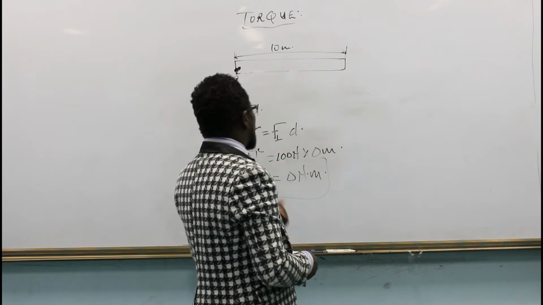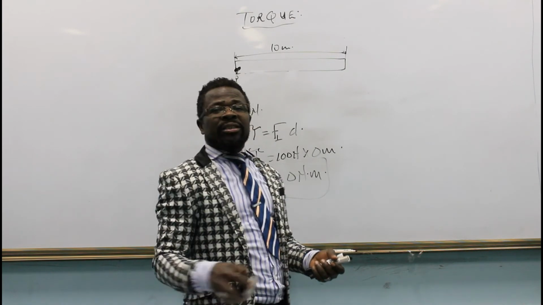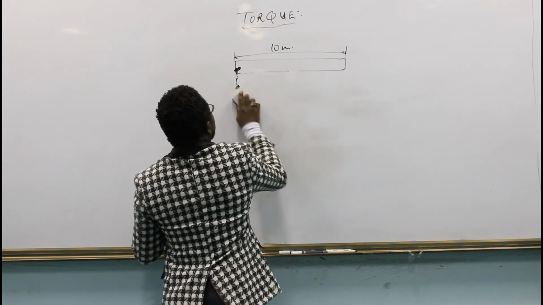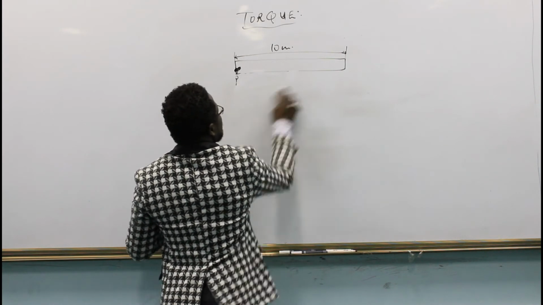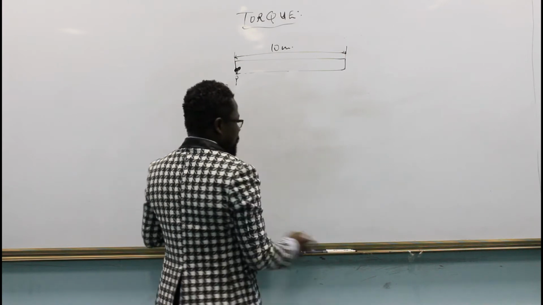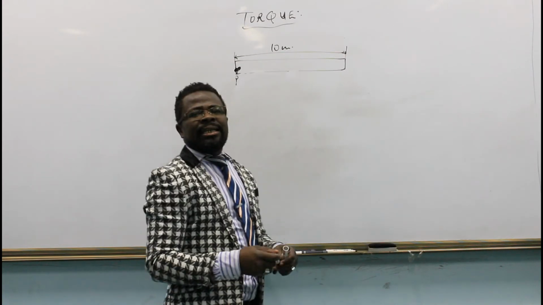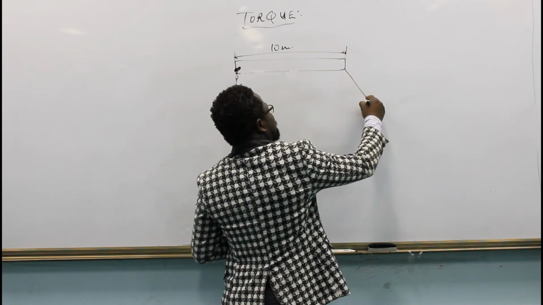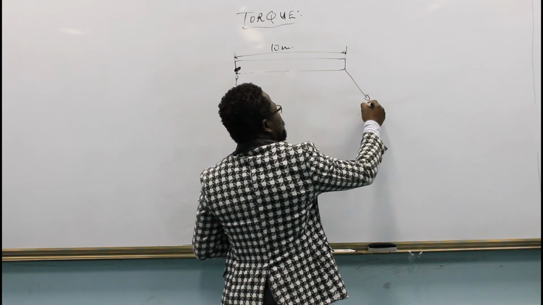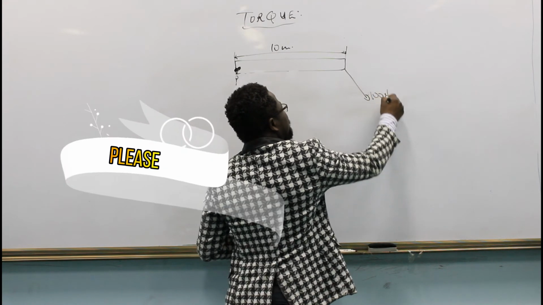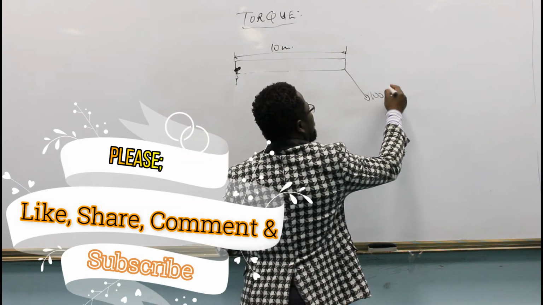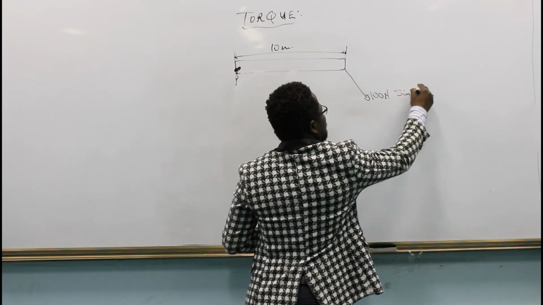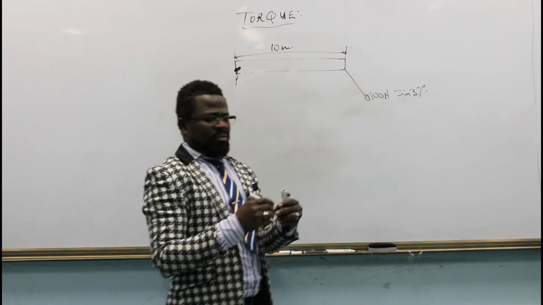Now look at a problem where this time around the force is not perpendicular, but now the force is at an angle. So we're still using this beam, but this time around, let's take it that our force is applied here, and the force is 100 newtons, and let's say it is 100 newtons sine 37 degrees.